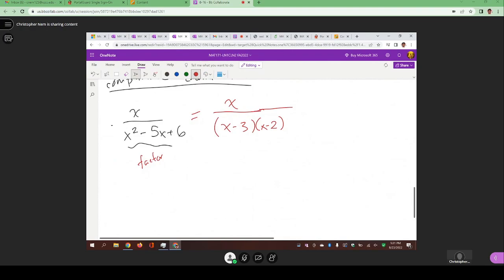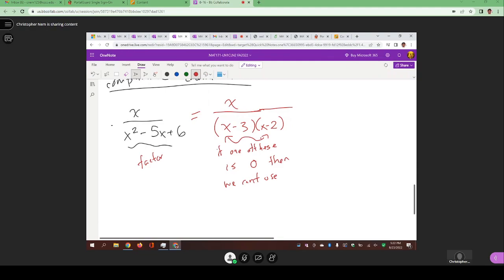Do we agree that any number times 0 is 0? That is the only case where our denominator can be 0. If one of these is 0, then we cannot use that value.